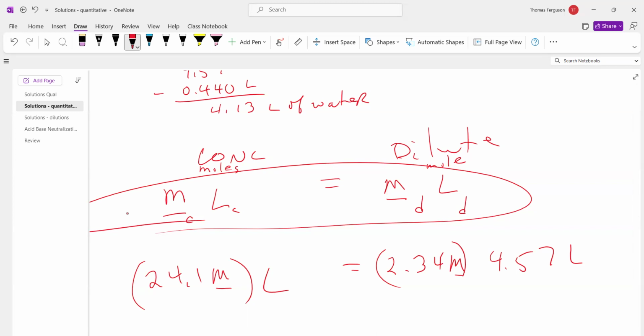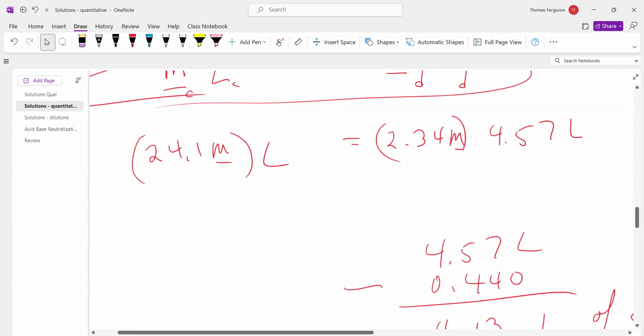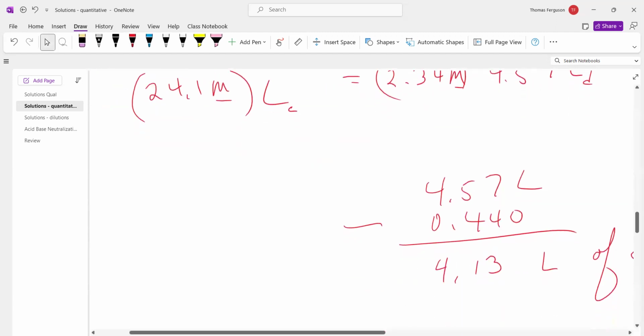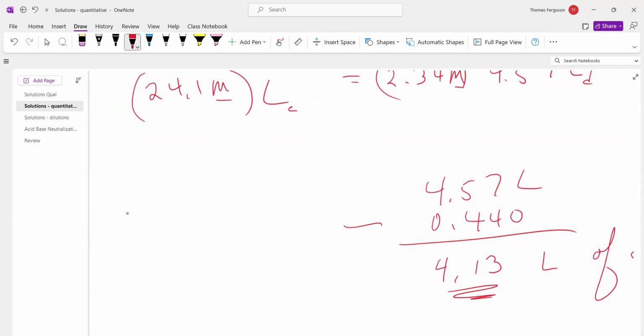All right. Okay, so then all we're doing here is solving for LC, LD, and the LC is how much of the concentrate we need to add in, and then we subtract that from the total volume. This is how much water we need to have added. So those are the two main types of solution problems.